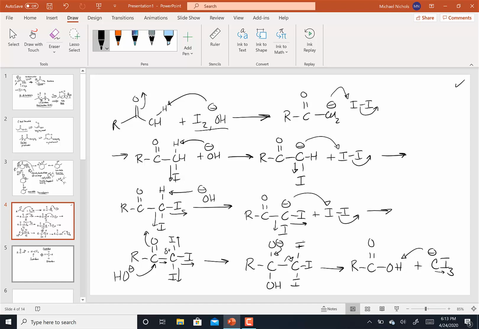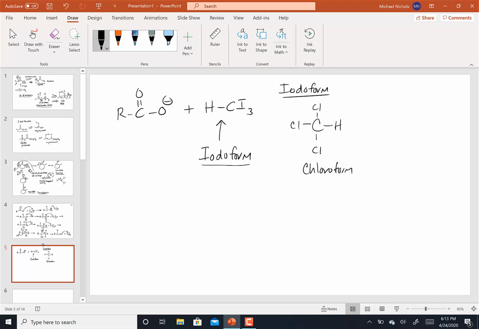And it would go through that reaction and form iodoform. Now, iodoform is a light yellow precipitate, so if we did that reaction and all of a sudden we saw this yellow precipitate coming out of solution, we would know that we had a methyl ketone because we know that we formed the iodoform.